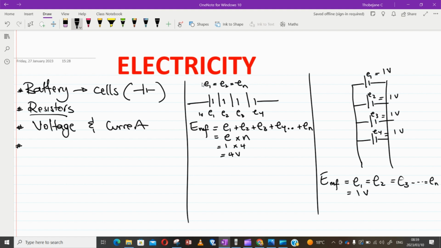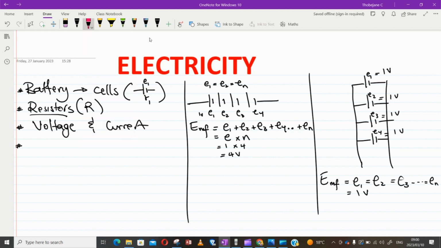This means that each and every cell in a battery consists of an EMF and an internal resistance indicated with a small letter r. We are not going to be looking at the external resistance just for now, but as we go on, we are going to be looking at the external resistance. However, an external resistance is indicated by a capital letter R.